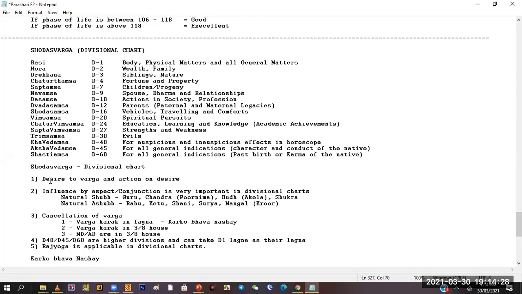What it says, these are the rule of exceptions. The first house says the desire to varga. Varga lagna gives desire to varga.